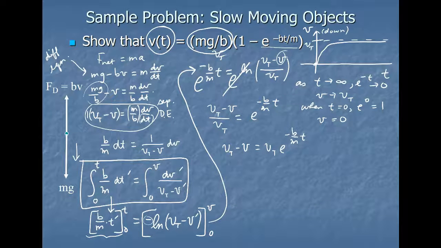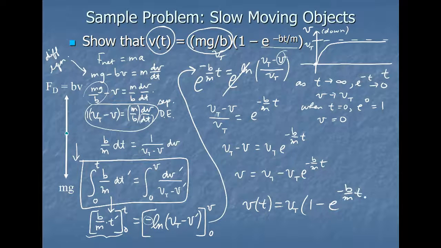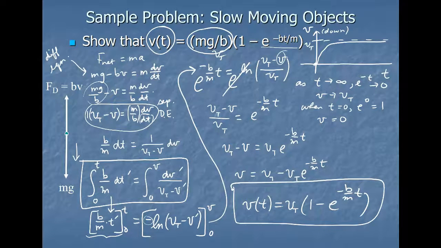And we bring that to the other side and switch our negative signs, and it looks kind of like this. And finally, we can factor out a vt to write 1 minus e to the negative b over m times t. So that's it. That is our velocity as a function of time for linear drag.